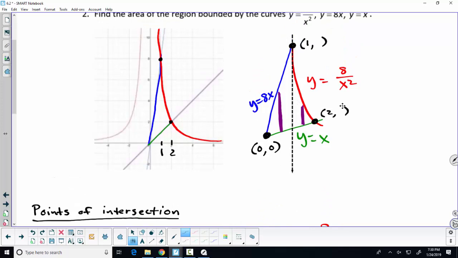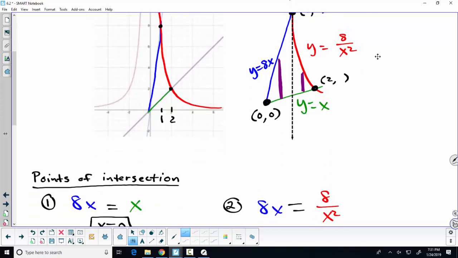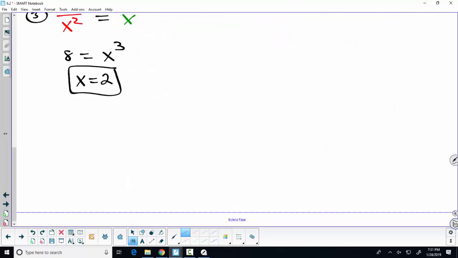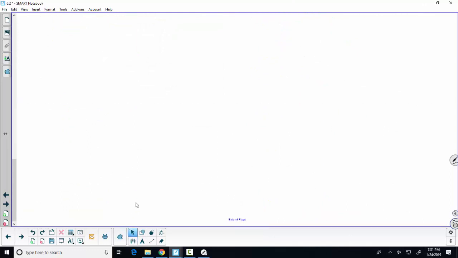All right. Now that we have the points of intersection, let's go ahead and set up the integrals that will give us the total net area there. So what's our first integral? We go from an x value of 0 to an x value of 1.